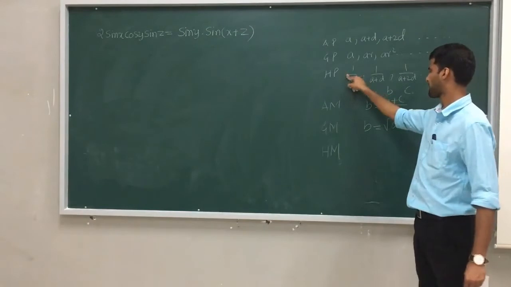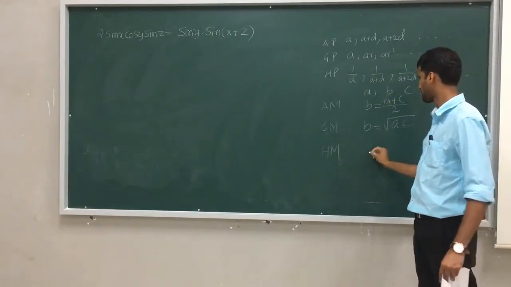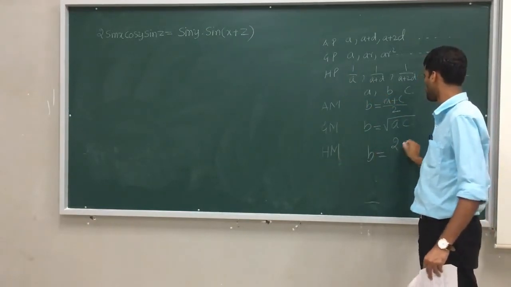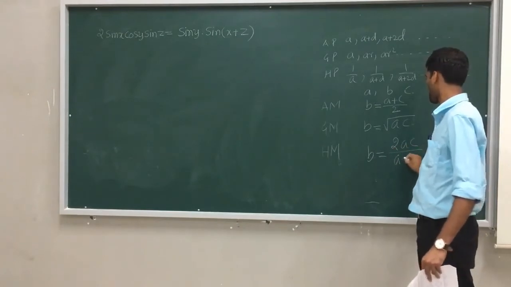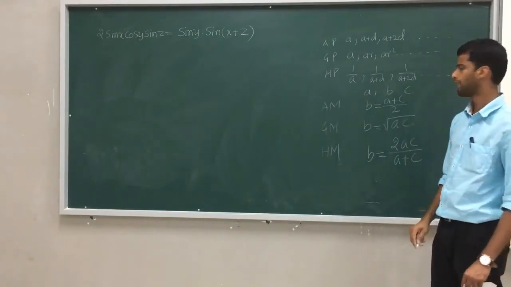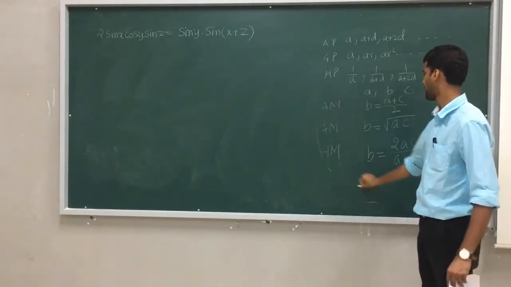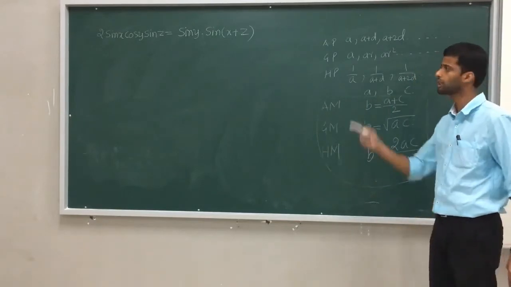If A, B, C are in HP, the harmonic mean is B equals 2AC divided by A plus C. Now I have to work out which of these three criteria suits this particular question.